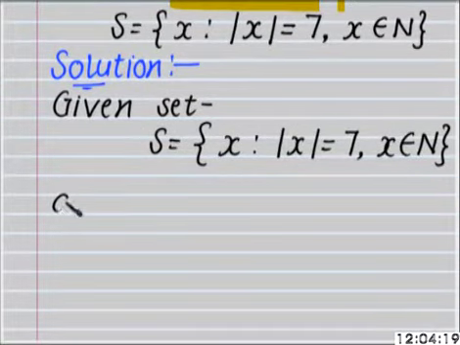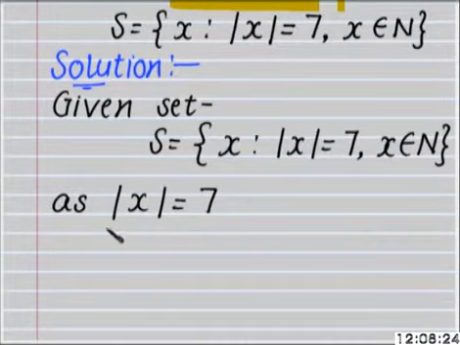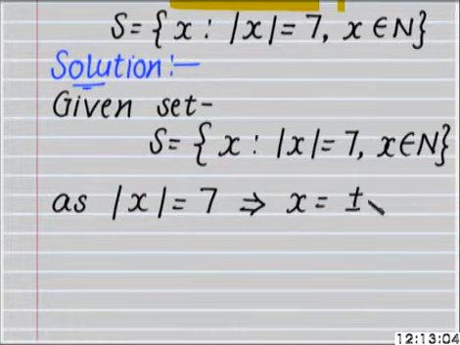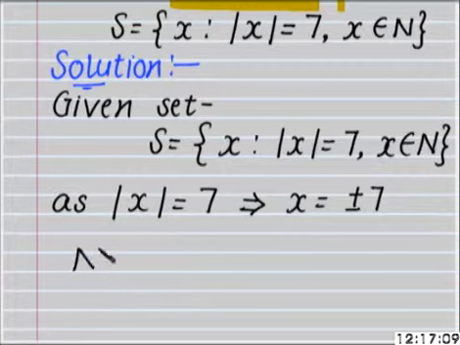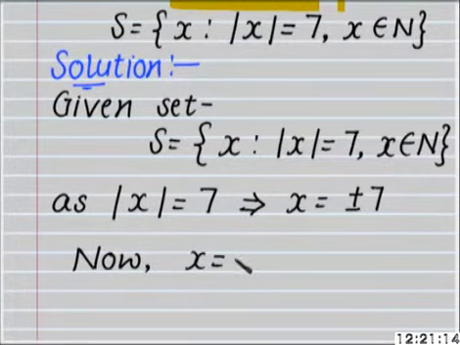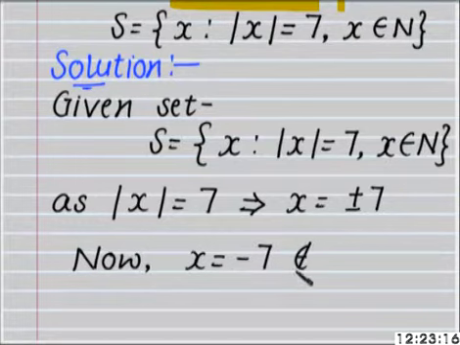We know that as modulus x is equal to 7, this implies x will be equal to plus minus 7. Now, x equal to minus 7 does not belong to the set of natural numbers.